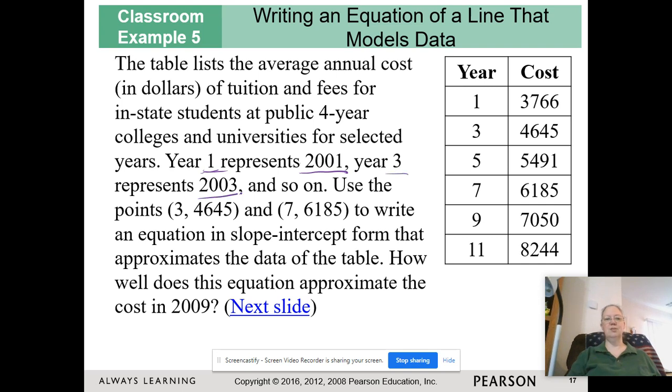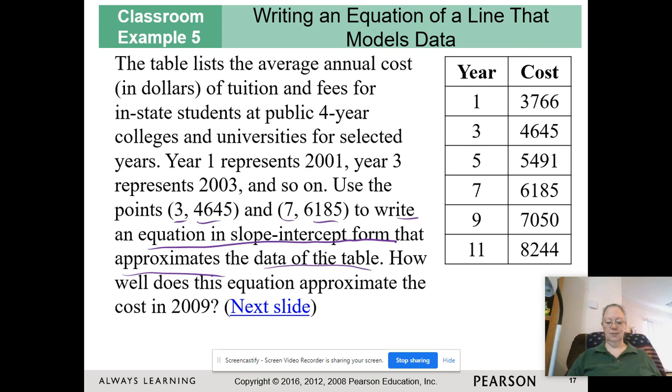Year 3 represents 2003, and so on. So if I have 11, that would be 2011, right? Use these 2 points, 3 and 7, to write an equation in slope-intercept form that approximates the data of the table.